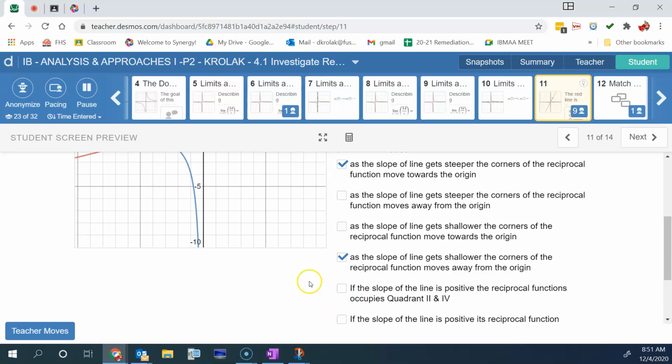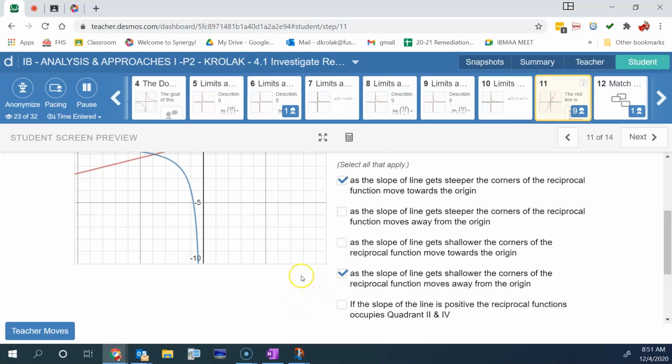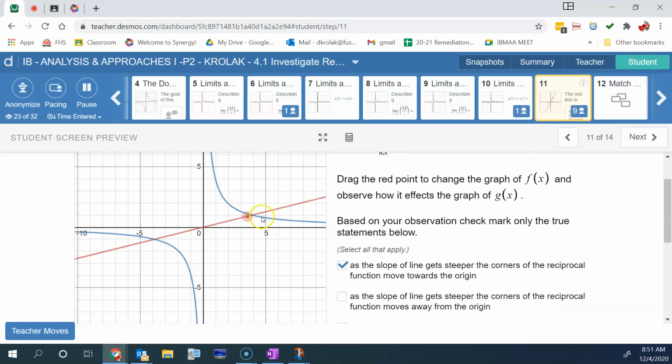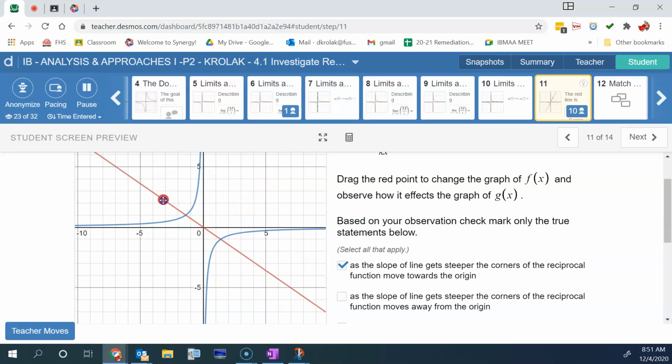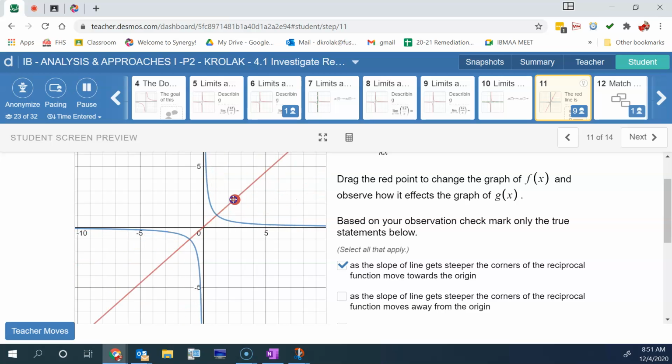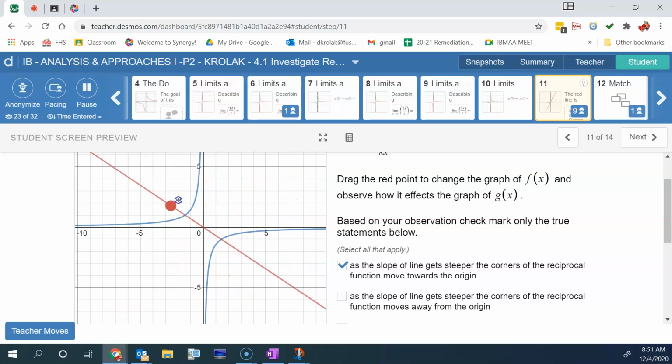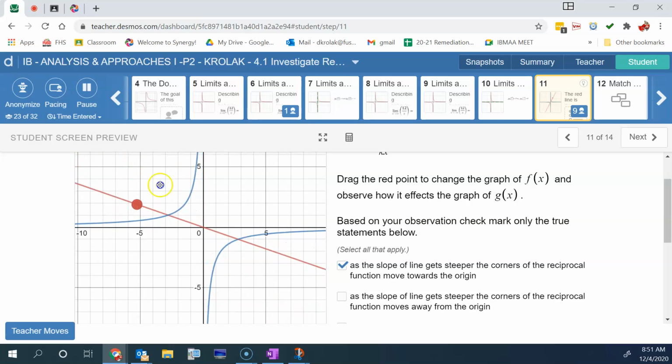If the slope of the line is positive, then the reciprocal function is in quadrants 2 and 4. So, positive slope, negative slope. I can see that when my slope's positive, all of these are positive slopes, my graph lives in 1 and 3, and as soon as I make the slope negative, my graphs live in 2 and 4.